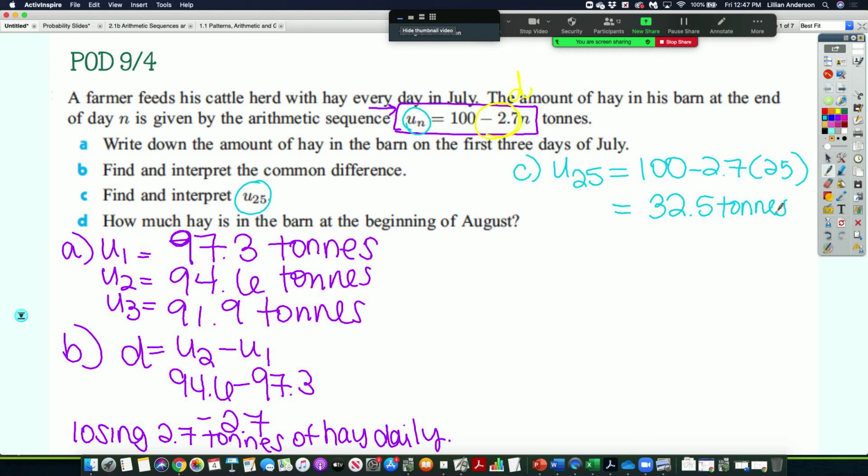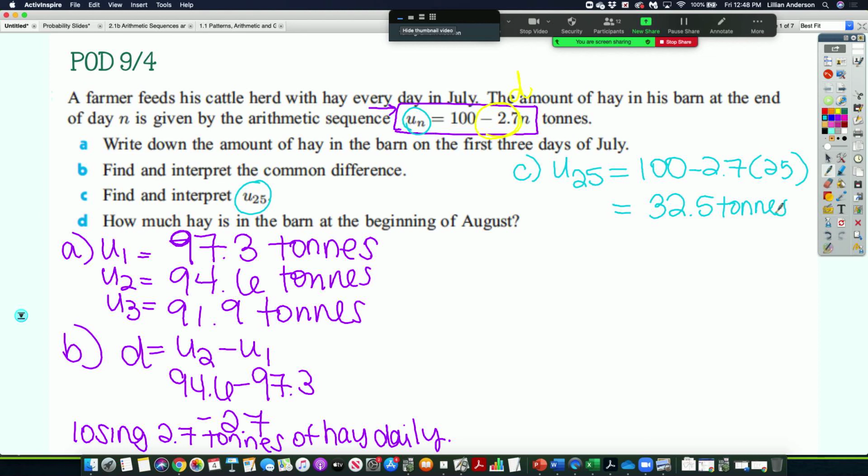So again, one sentence to describe what that means. In the interpretations, there's no one set answer. You want to make sure that whatever your answer is, it is in context of the problem, and you also include the number.